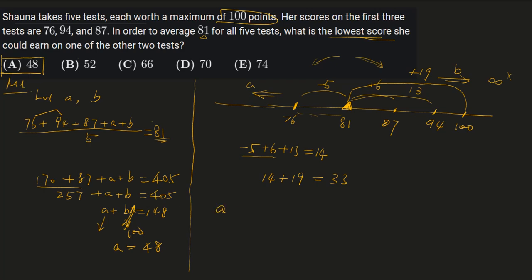Therefore, this A shall equal 81 minus 33. Right? 81 minus 31, that's 50. 50 minus another 2, that's 48. So the lowest score that she can afford in the last two tests is 48. The solution is A. That's our choice.